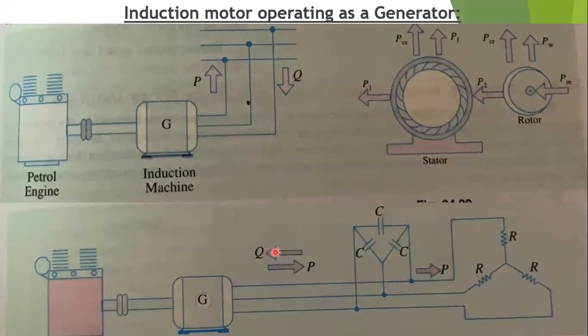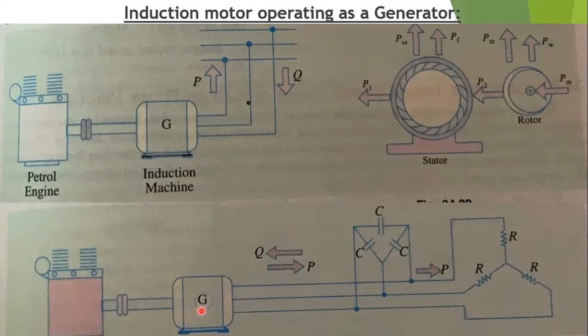So this Q will be supplied by the capacitor bank. It must supply adequate reactive power in order to develop voltage. Because if Q is not sufficient for the induction motor, it cannot create flux.